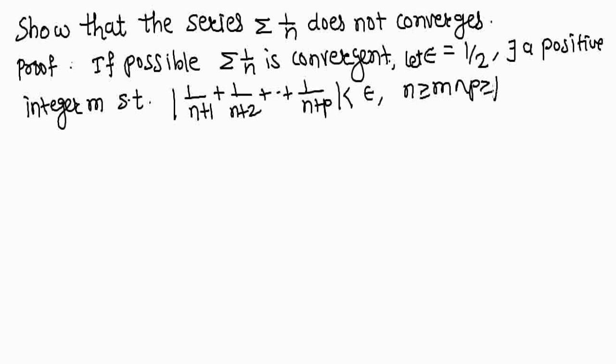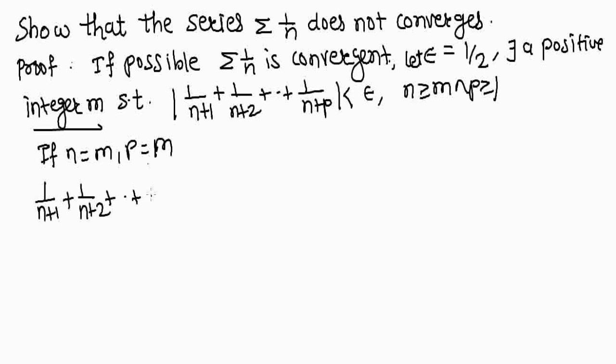Okay. Now let us put particular values of n and p. If we take n equal to m and also p equal to m, then you can see that 1 divided by n plus 1 plus 1 divided by n plus 2 plus up to 1 divided by n plus p will be 1 divided by m plus 1 plus 1 divided by m plus 2 plus up to 1 divided by m plus m.